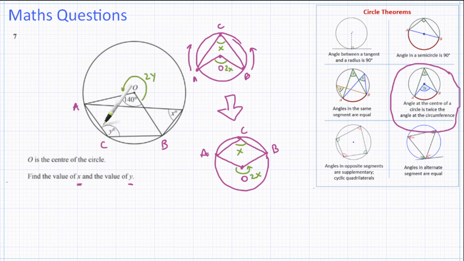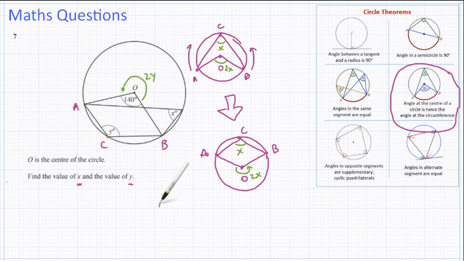Because this is the angle that is being made touching the point that is going through, touching the border, and this is the angle that is going to be twice that. Now, if this angle AOB is 140, to find the rest of this angle, we would need the reflex.